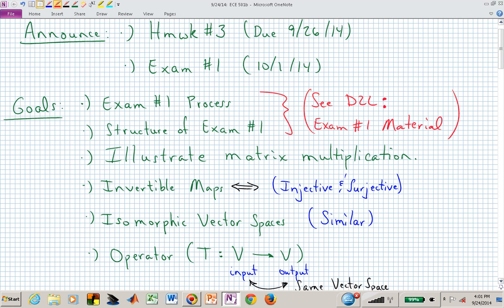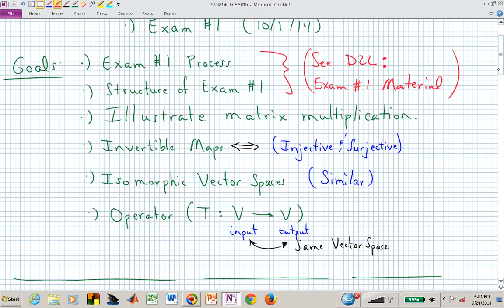Today what I want to do is try to finish up Chapter 3. We will finish up Chapter 3 whether I am finished or not. This will complete Chapter 3. We will start by looking at maybe a different way of thinking about matrix multiplication. If you haven't thought of it in the way that I will present it, I hope that will be useful to you. We will then talk about maps that are invertible, which means that those maps have to be both injective and surjective.